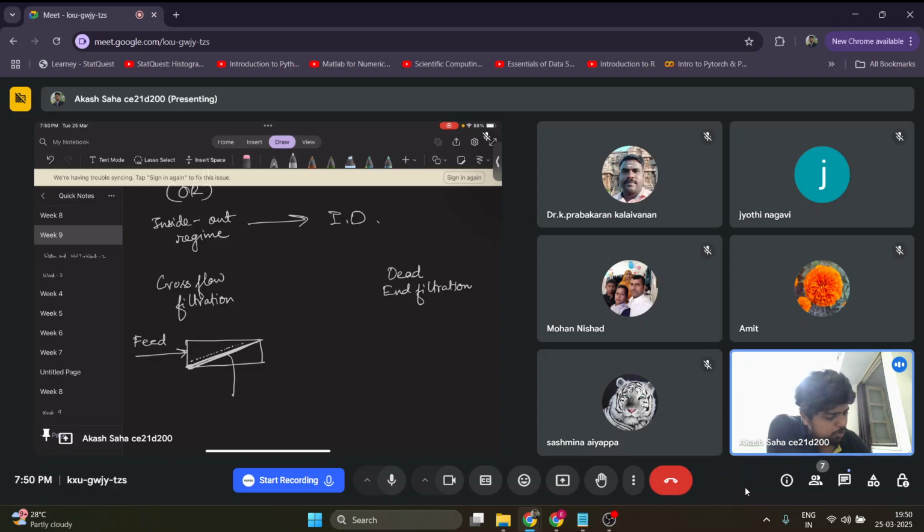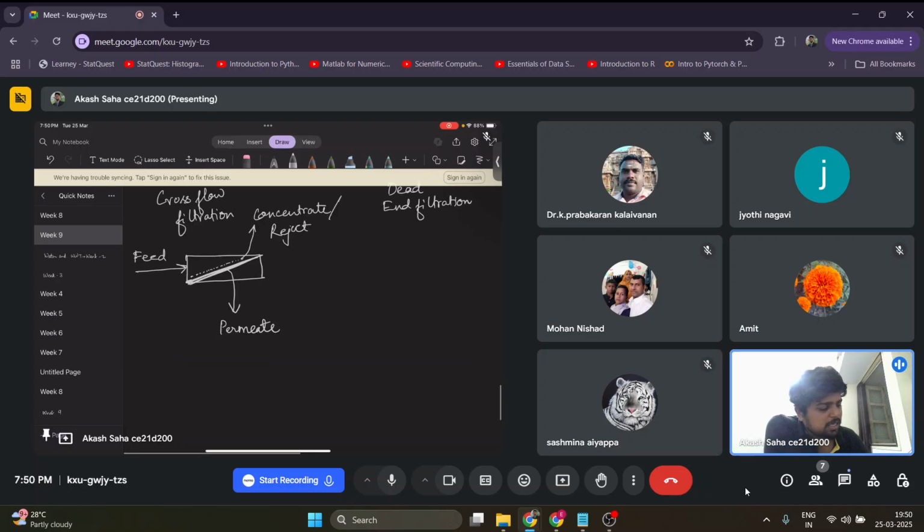Some will pass through and come out as permeate, and the rest of the water will go out as concentrate or reject. So this is called cross flow filtration, where the flow will happen parallelly. Some part will come out as permeate, the rest will go out as reject.